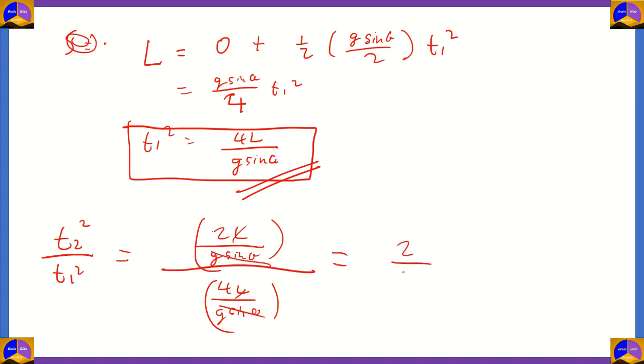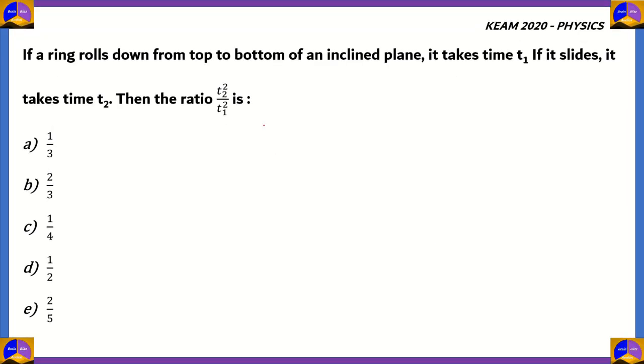You finally have 2 by 4, which is equal to 1 divided by 2. So therefore, the correct answer to this question is option D, 1 divided by 2. So the ratio t2 squared by t1 squared is equal to 1 by 2.